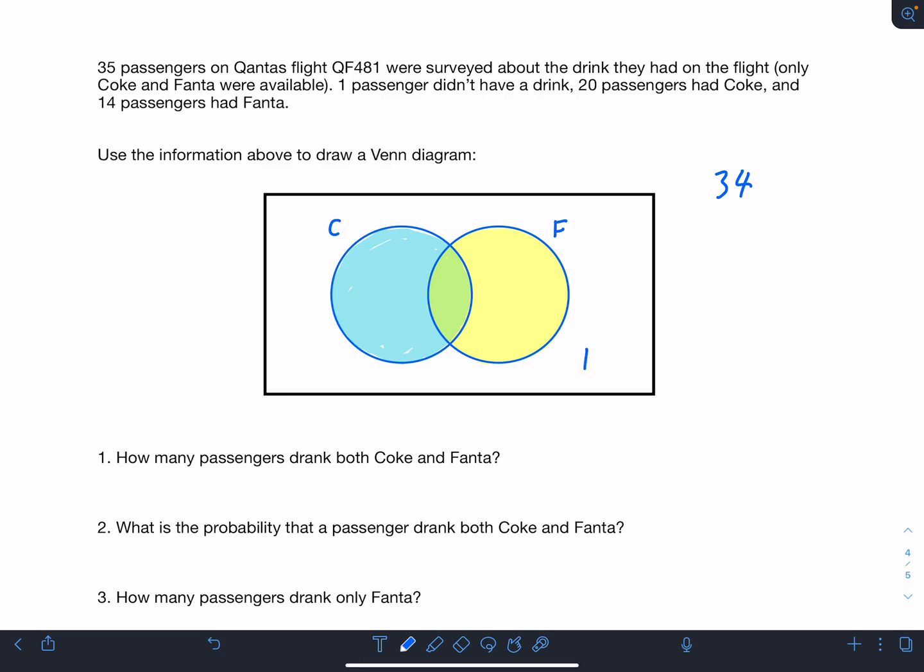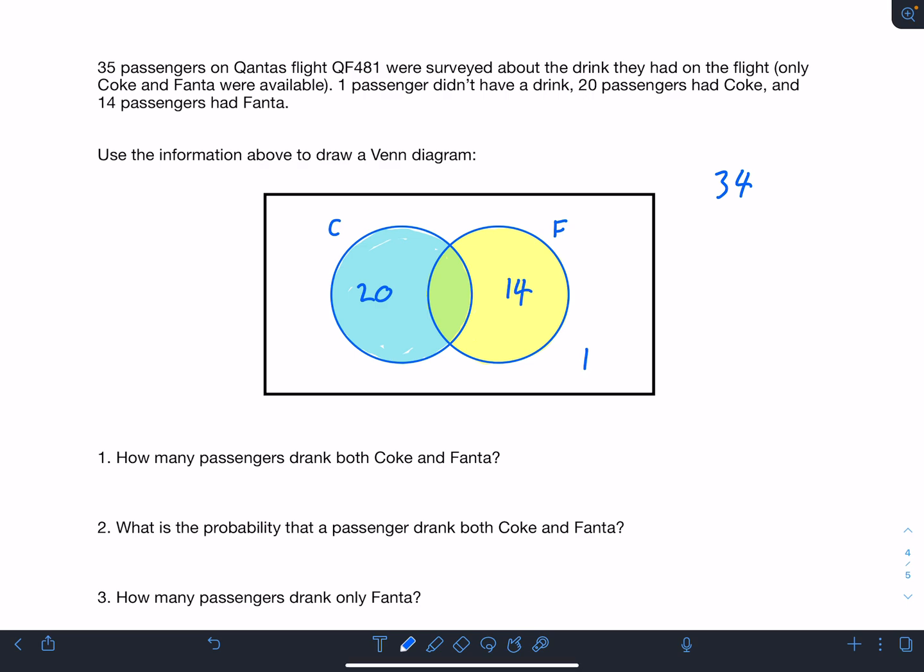And we can see from our question that 20 had Coke and 14 had Fanta, and so 34 just adds up to the number of passengers that we still need to account for. So we have 20 that had Coke, and we had 14 who had Fanta.